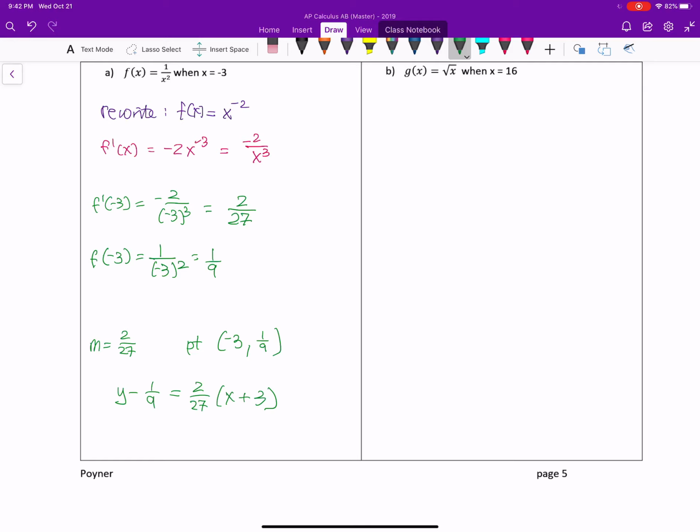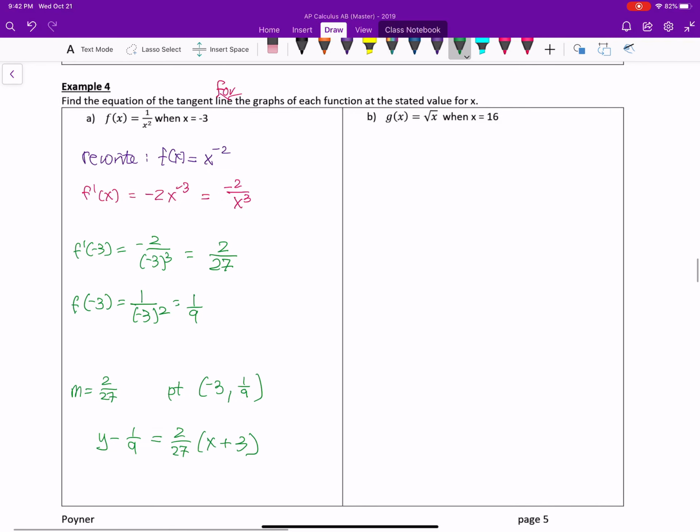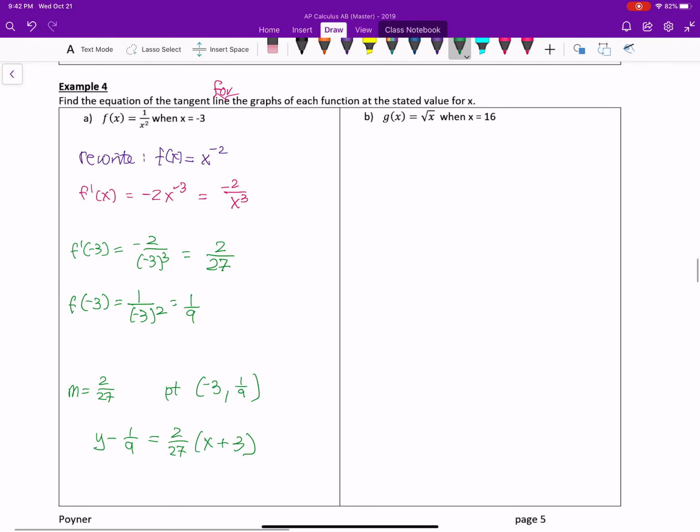Then if you want to put slope intercept form, then you have a bunch of fractions you have to deal with. Not much fun. All right, now try B on your own.